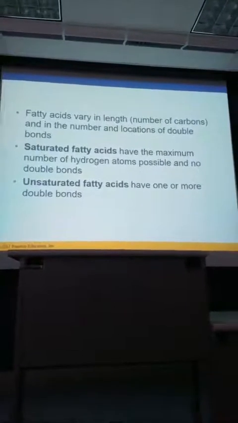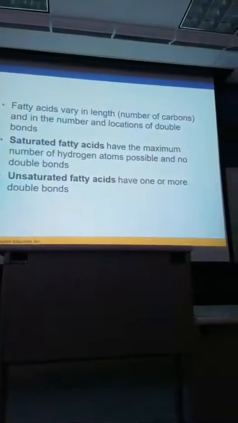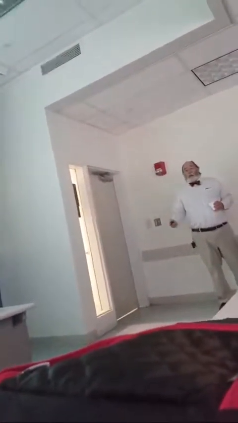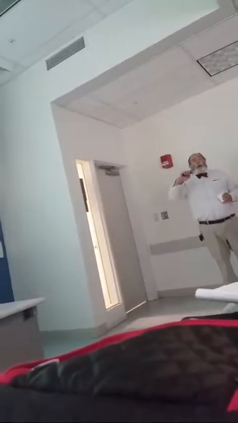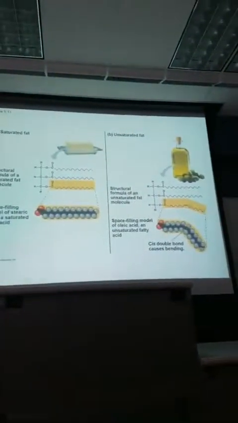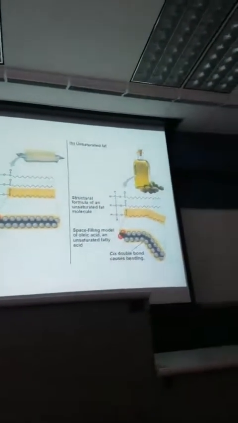So remember, on a carbon fatty acid chain, if everywhere there's a carbon and everywhere there is a hydrogen that could be attached, as long as we have all of the hydrogen attached and fills up all of those carbon chains that we can, it is called a saturated fat.